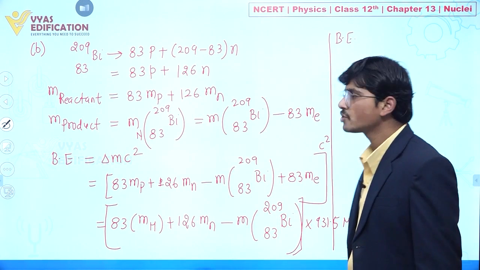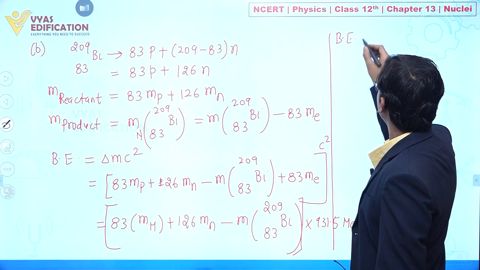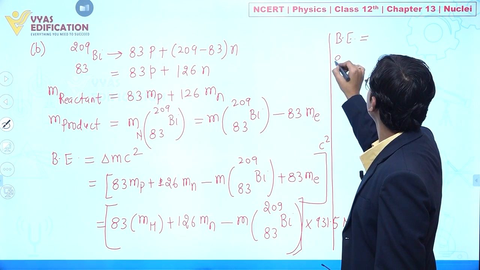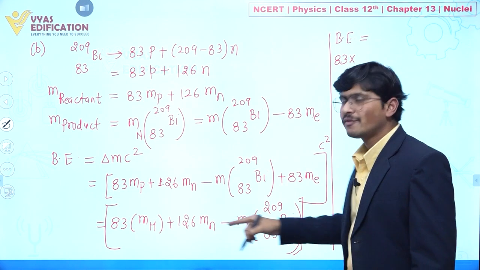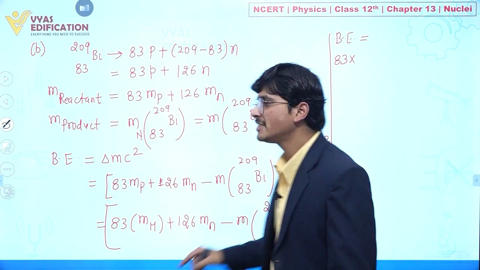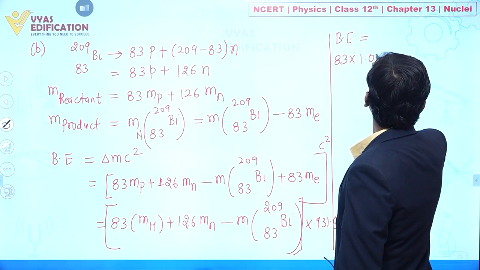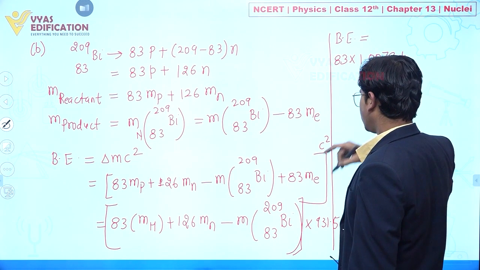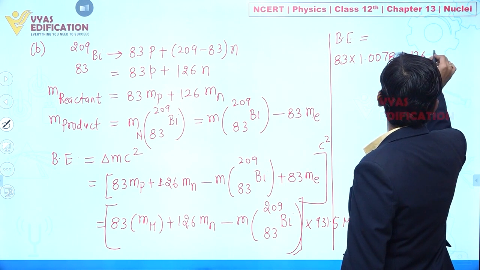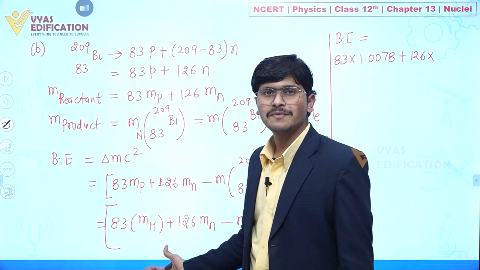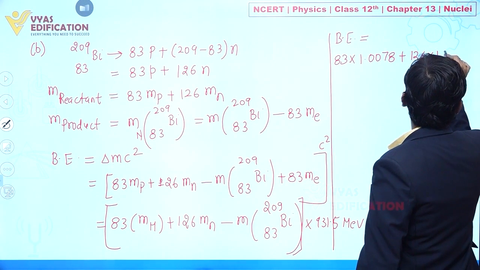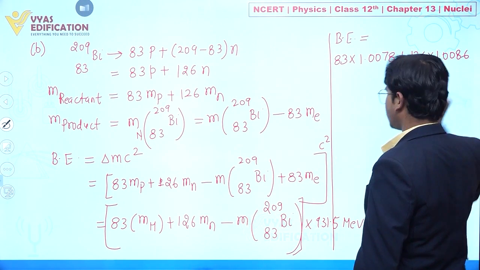Yes. So now we can place all the values, so it will be equal to 83 multiply. What about the mass of hydrogen? This will be 1.0078 plus 126 multiply. What is the mass of neutron? This will be 1.0086. Clear?